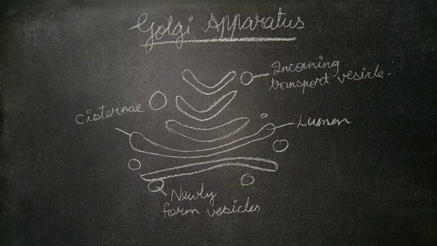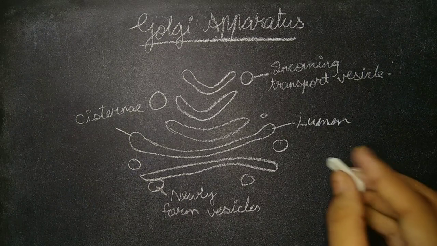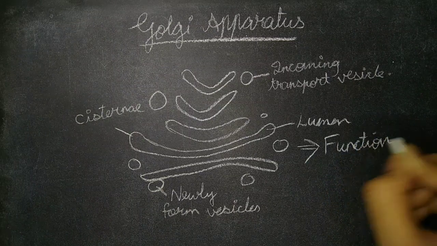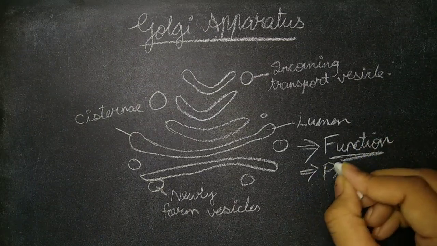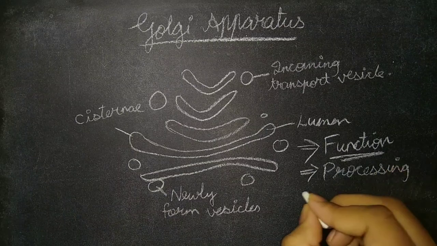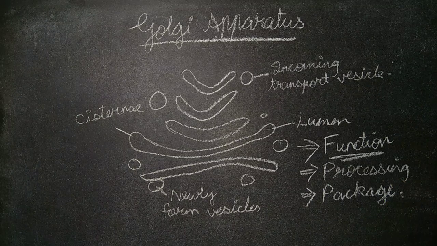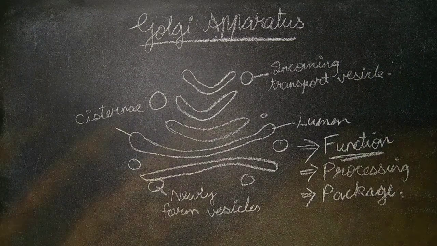The primary function of the Golgi apparatus is to process and pack macromolecules such as proteins and lipids. So it is important in the processing of protein for secretion.